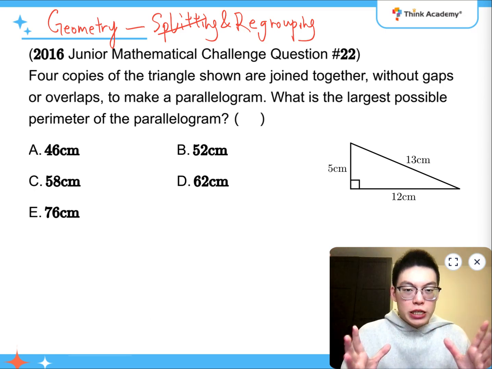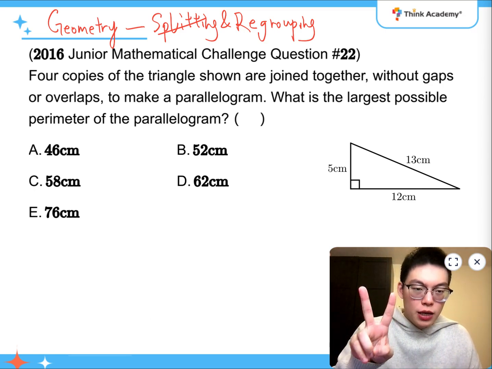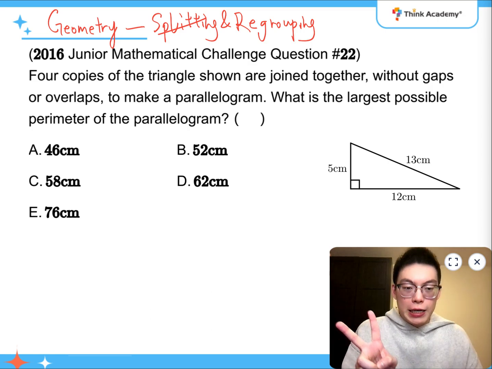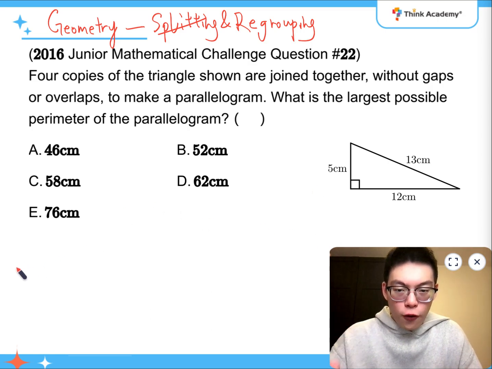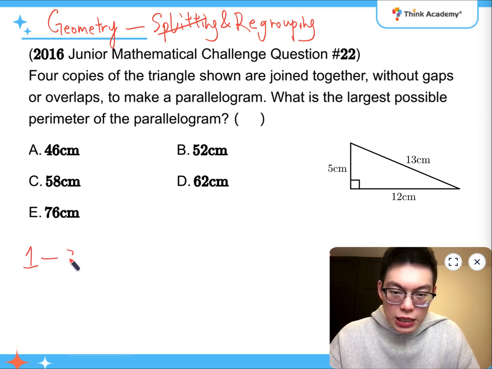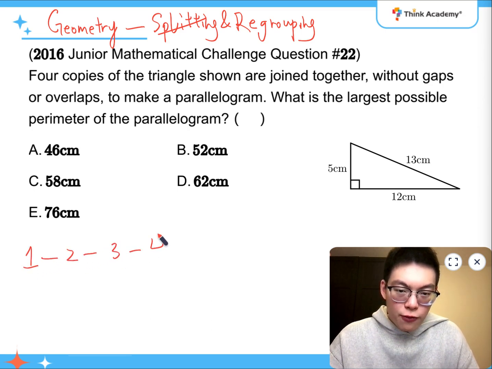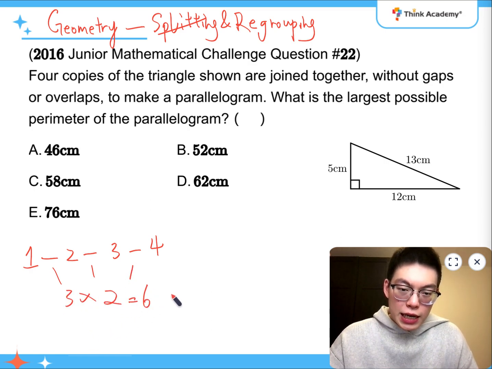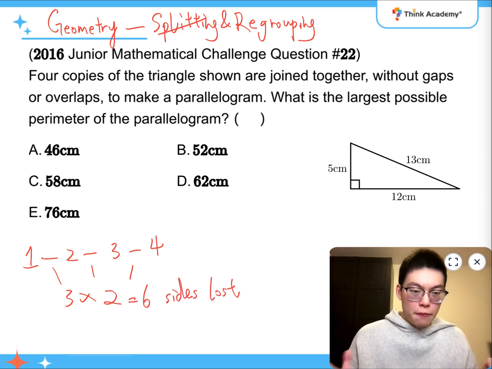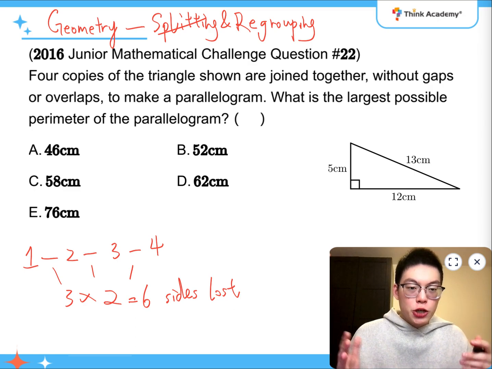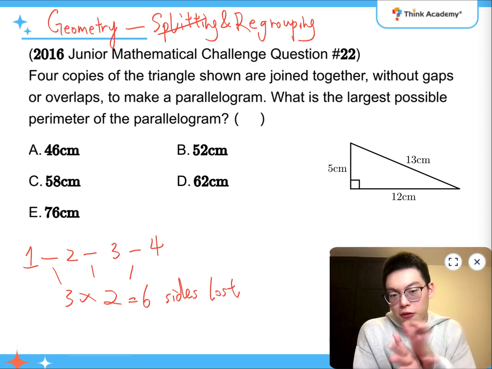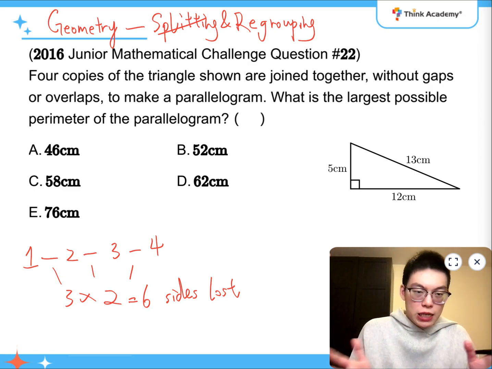Which means that every time I combine 2 of them, I'm going to lose 2 sides. Which means that if I'm connecting all 4 of them, the first one to the second one, to the third one, to the fourth one, I'm going to lose 3 times 2, which is 6 sides in the perimeter. Because I need to make 3 connections, right? So I will have 6 sides lost.